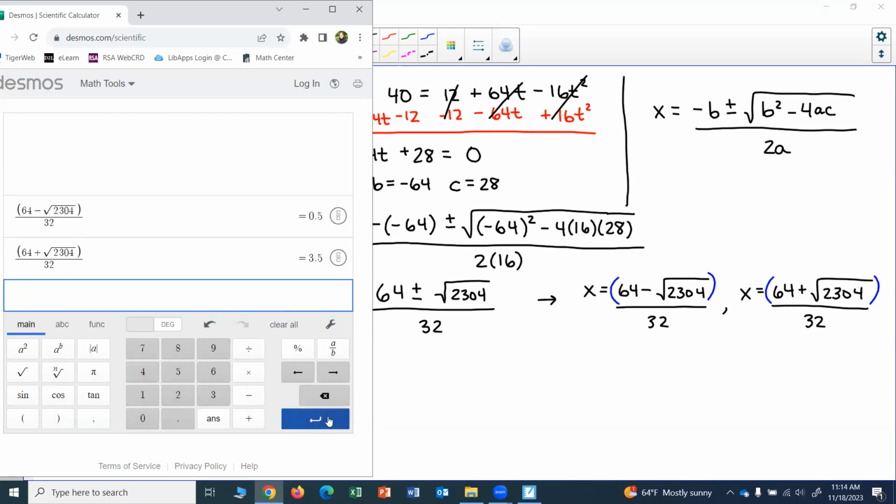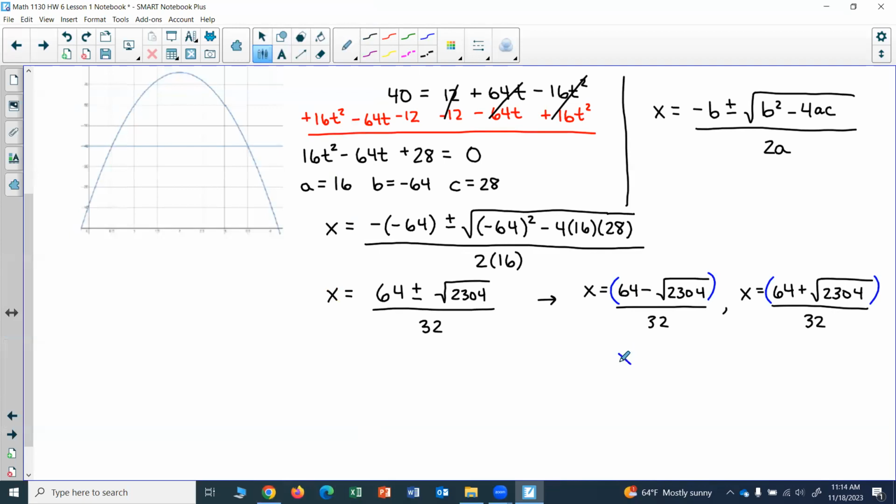So I get 0.5 and 3.5. And x equals 0.5 and 3.5.